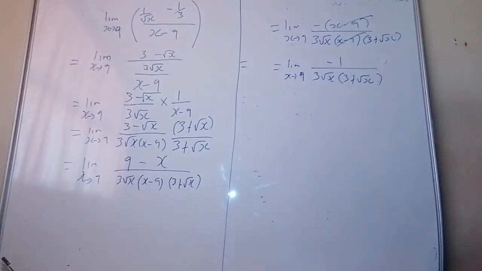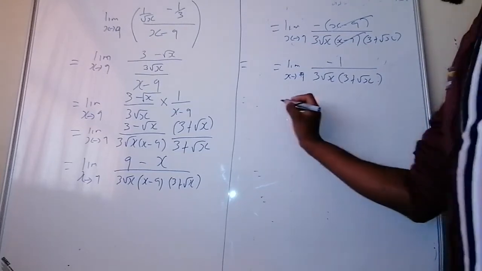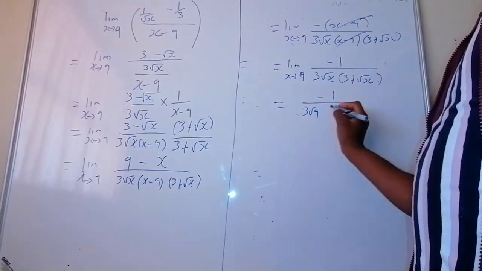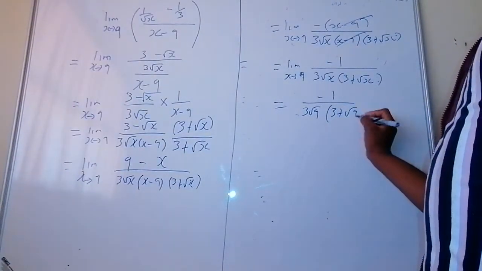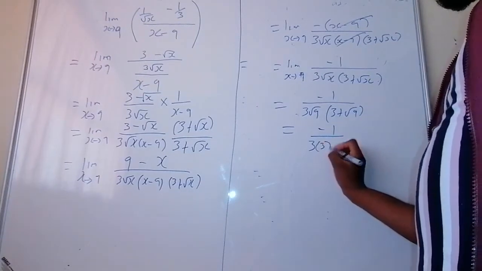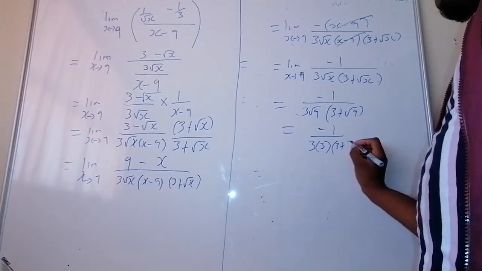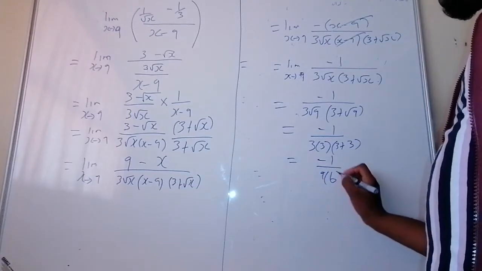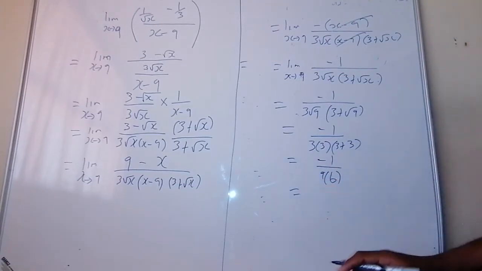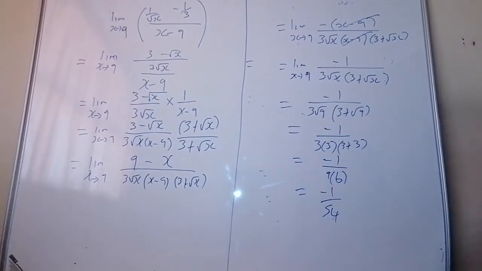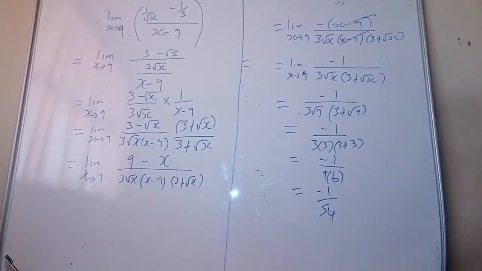So you can put 9 where there is x: negative 1 divided by 3 square root of 9 into 3 plus square root of 9. So this is negative 1 over 3 times 3, 3 plus 3. So this is negative 1 over 9 times 6. You can just evaluate that with a calculator. So that's negative 1 over 54.